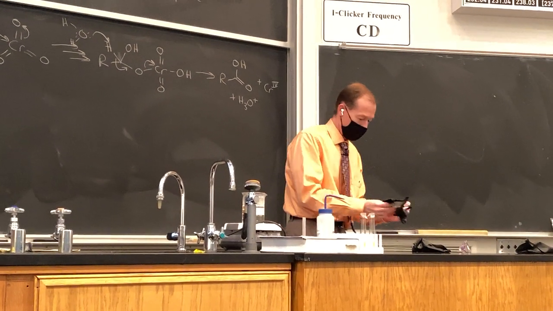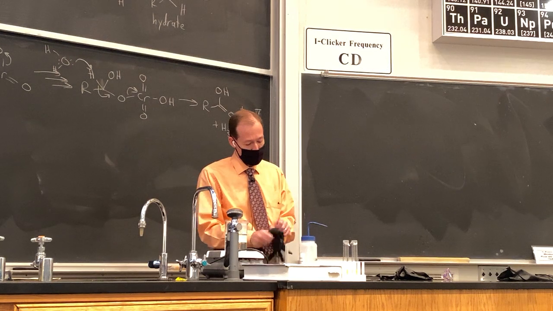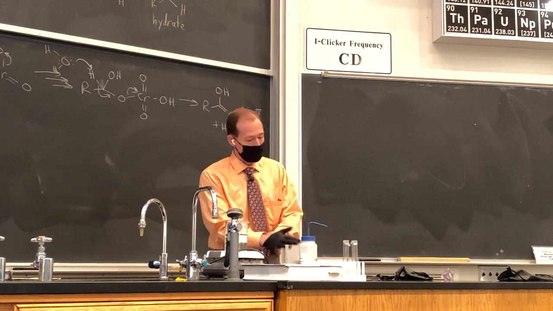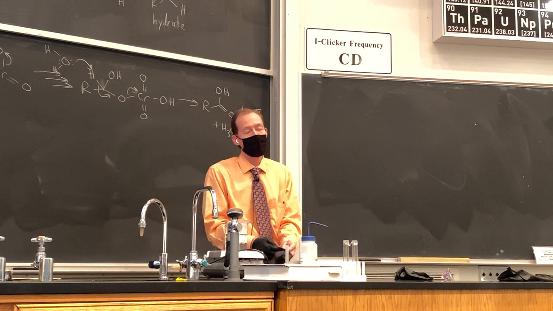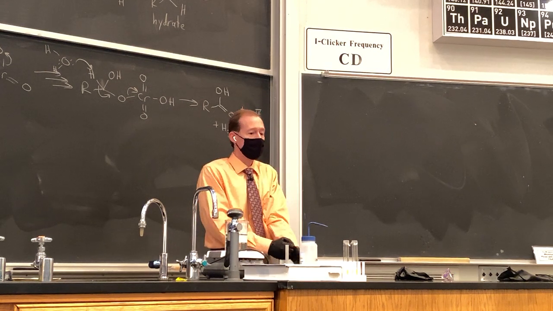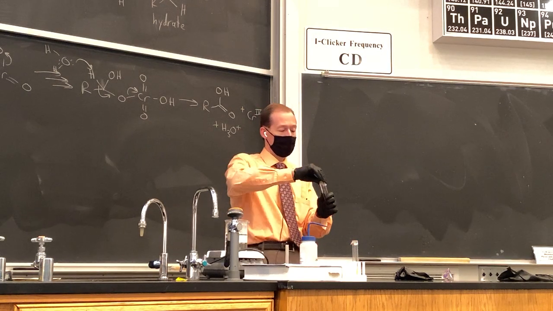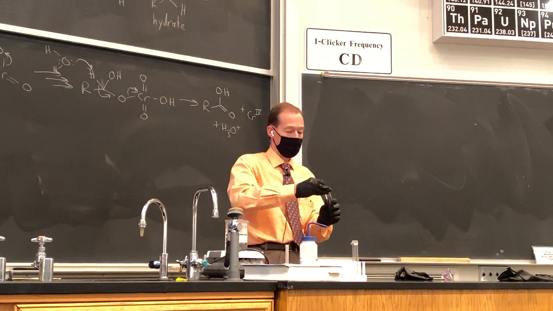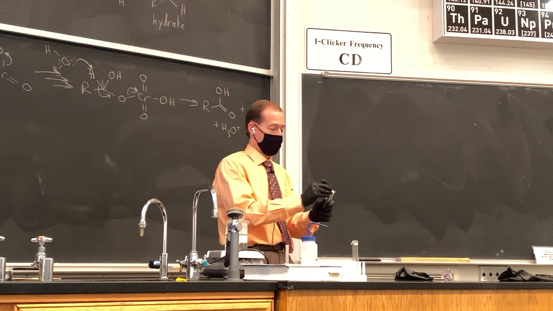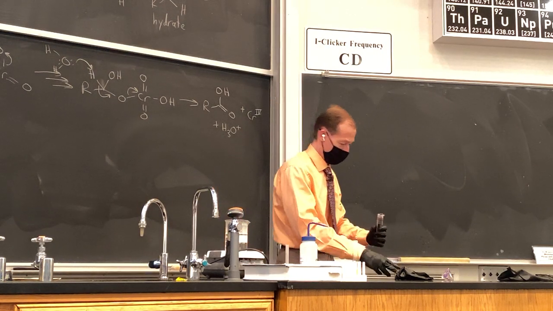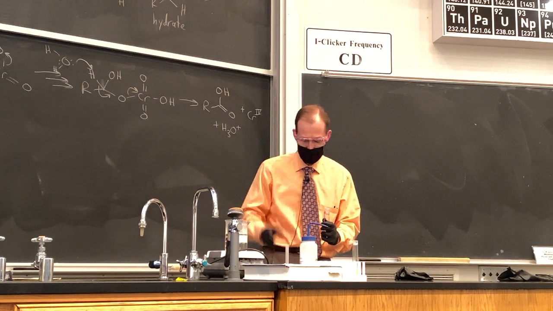I'm going to use the gloves I didn't use last time. And we're going to put ethanol in one of them. And then this oxidation, to speed it up a little bit, we have a warm water bath here that's going to allow us in a few minutes to see the color change. So let me get this off here. Put my safety glasses on.